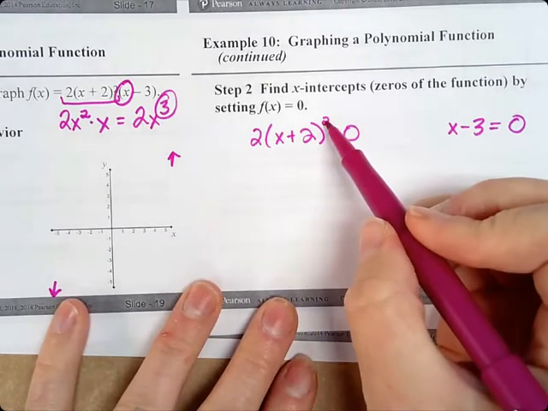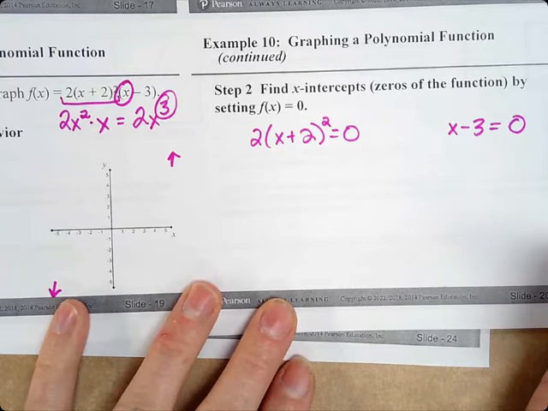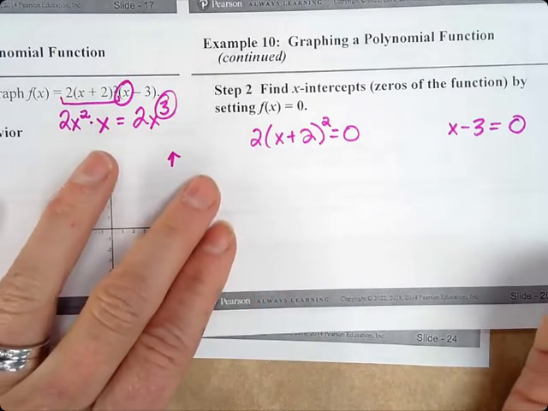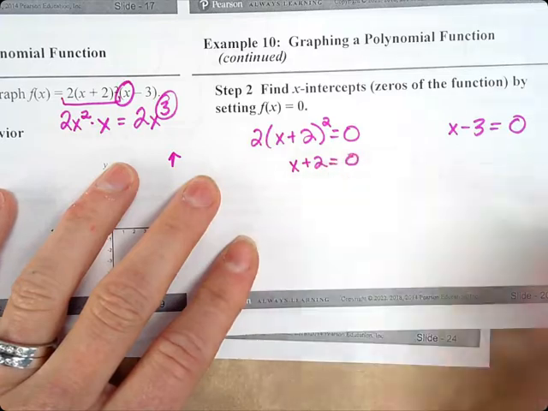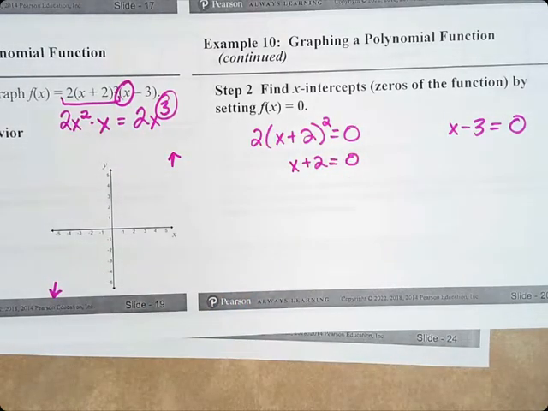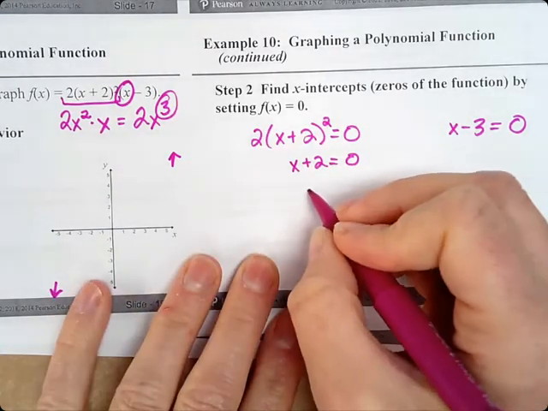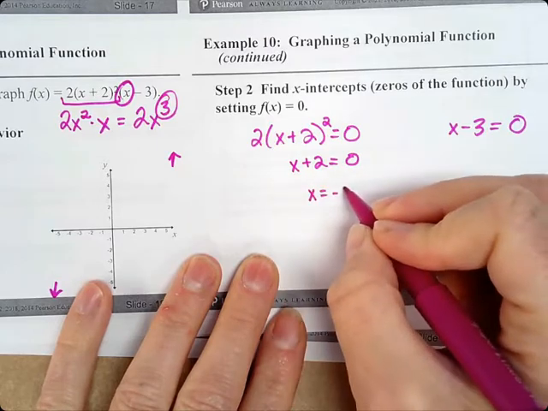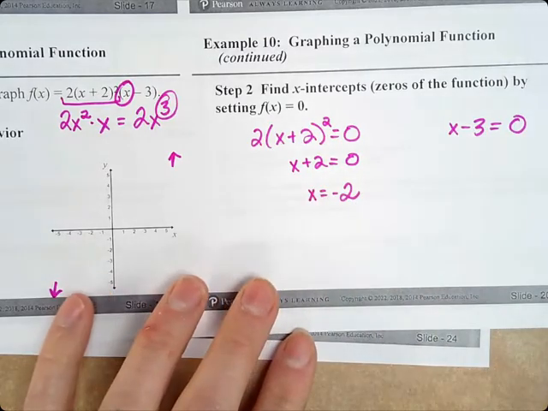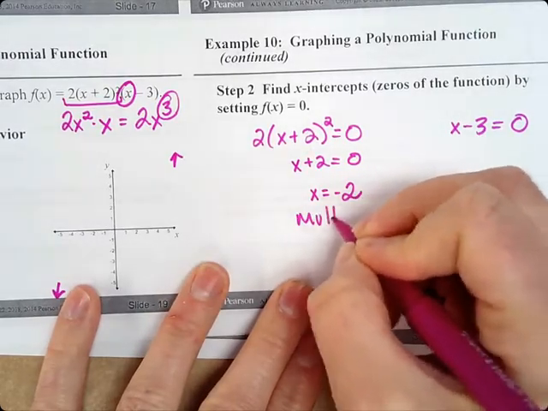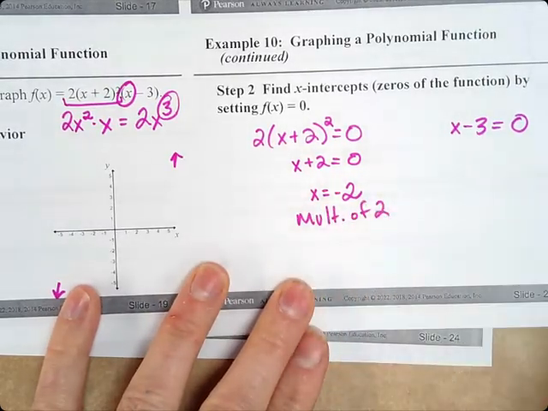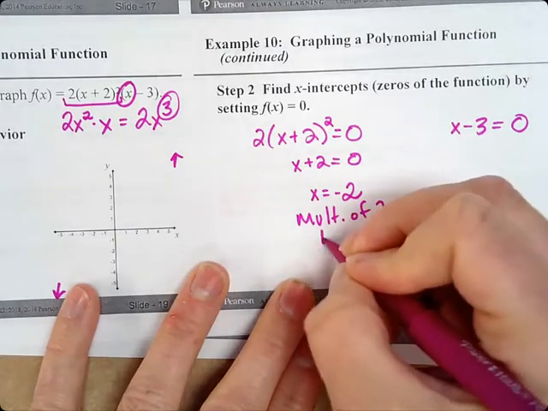And then when you take the square root, it's going to go away. So it's x plus 2 equals 0 once you get rid of the squared and the 2 that's being multiplied. So that leaves us with x equals -2. And then this has multiplicity of 2, which is even.